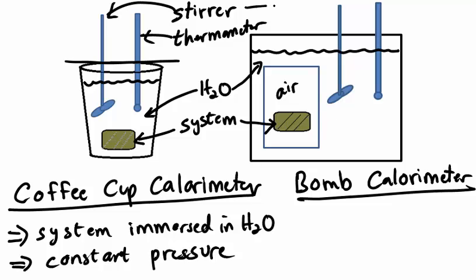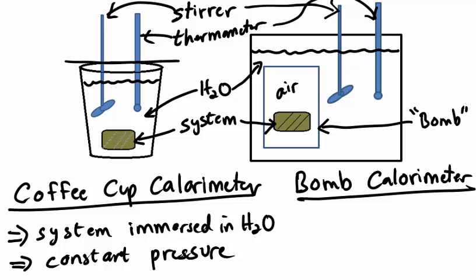And again, you're going to need a stirrer so that the water temperature is the same throughout, and you also, of course, need a thermometer to measure the temperature of the water and what changes it makes. All right, so the difference is that the bomb calorimeter has this thing inside, this inner container, and that is actually the bomb.